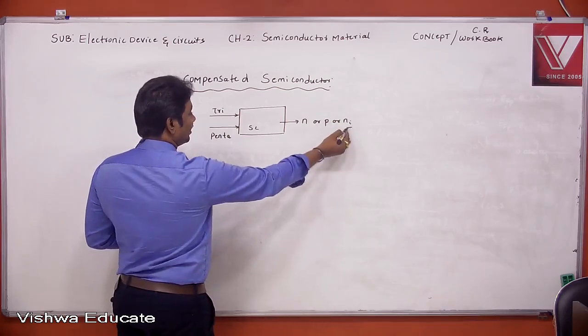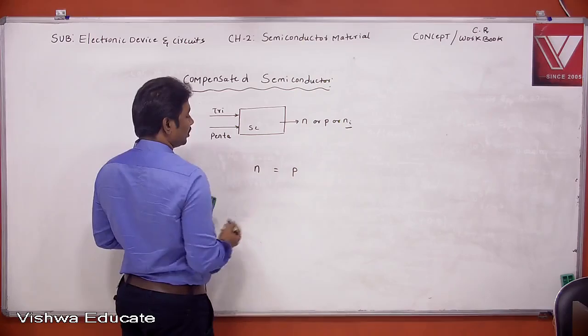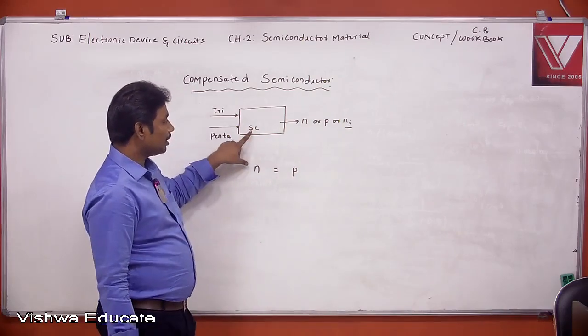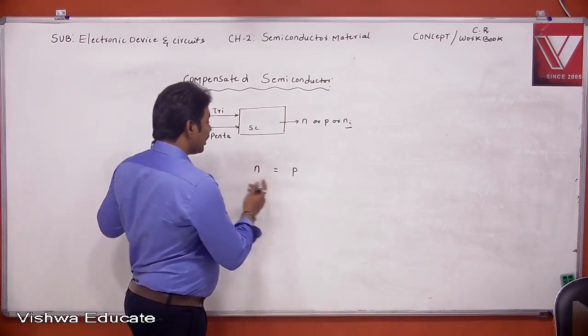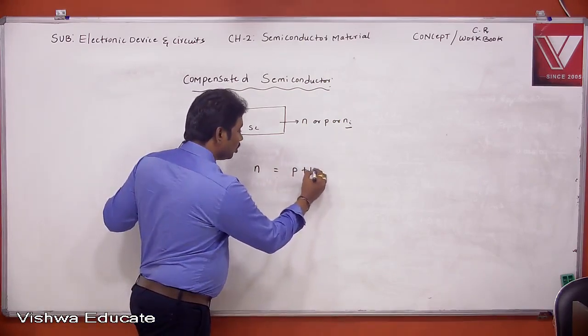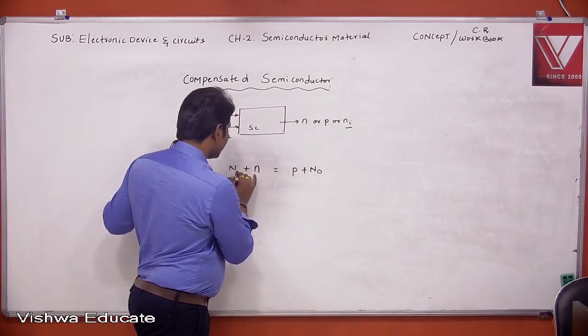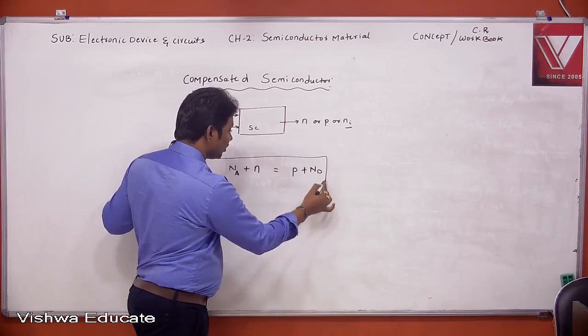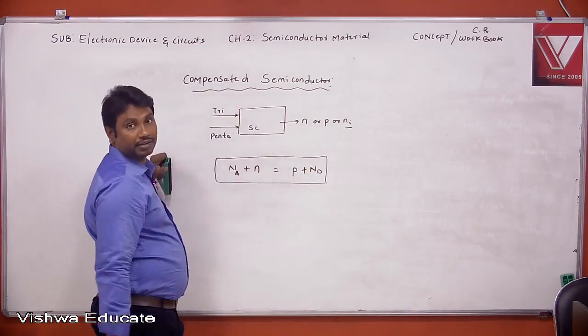If it is an intrinsic semiconductor, what is the charge neutrality equation? N equal to P, right? Now here, my semiconductor is doped with both trivalent and pentavalent, so I can add the donor impurities as well as acceptor impurities. This is the charge neutrality equation of a compensated semiconductor.